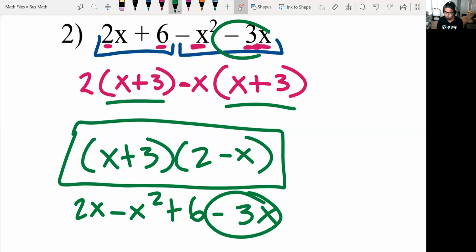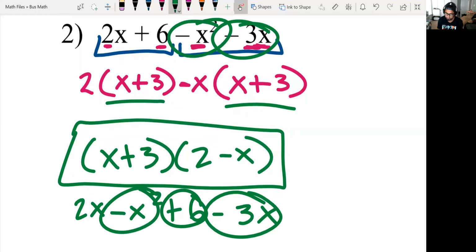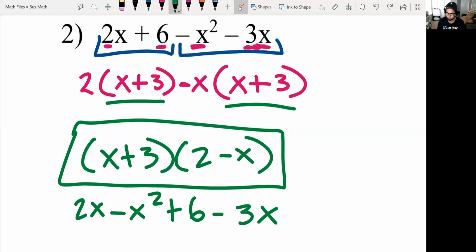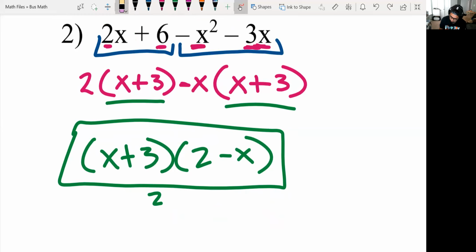Negative 3x, negative 3x. Negative x squared, negative x squared. 6, 6. 2x, 2x. It's the exact same thing. So you can always check your work by distributing again.